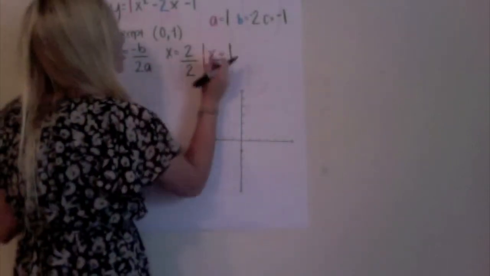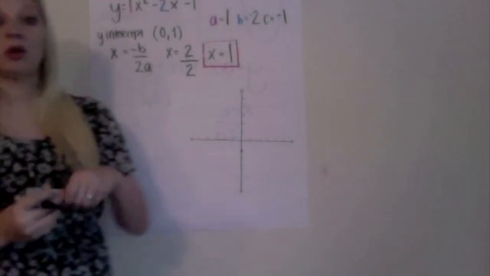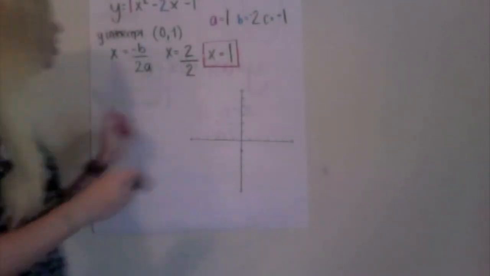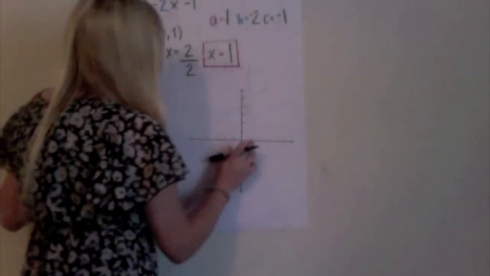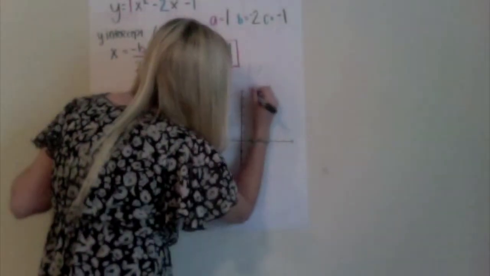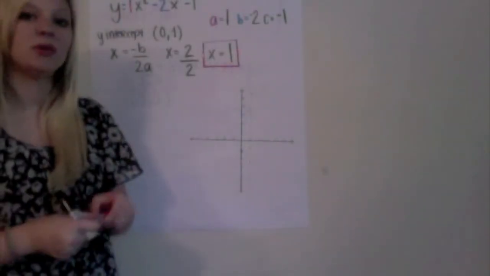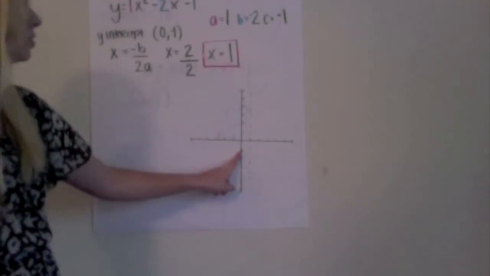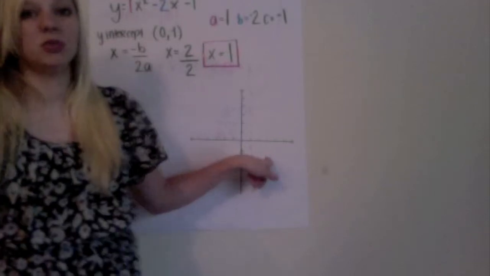That is great news. Now we know when we plot x equals 1, everything on the left side of that is going to be a reflection of the right side and vice versa. So let's go ahead and draw that axis of symmetry. We're going to come over here to x equals 1, and we're just going to go straight up and down with a dotted line. Now, if we wanted to be smart, we would notice that there is already a point on one side of x equals 1, so we can put that same point on the other side of x equals 1.